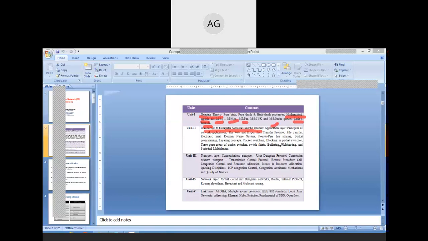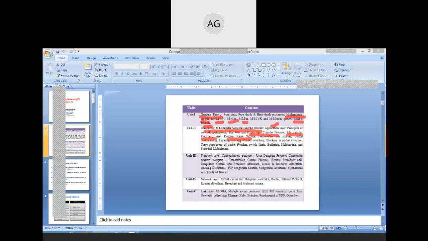As we already know, there are some protocols which are very famous related to the internet. These are the HTTP protocol, the file transfer protocol, email, and DNS. These protocols are very much popular.